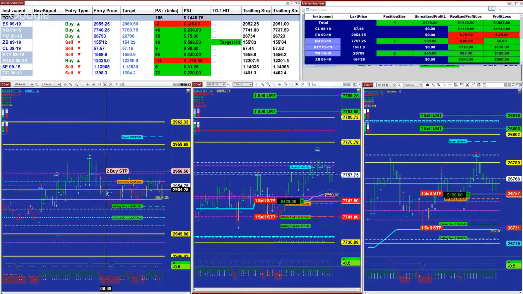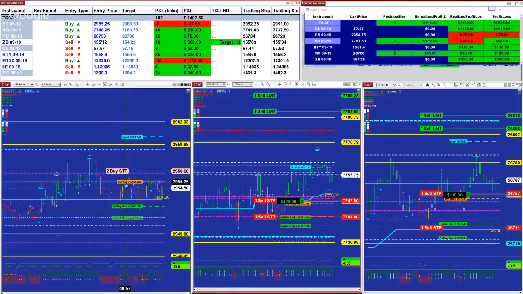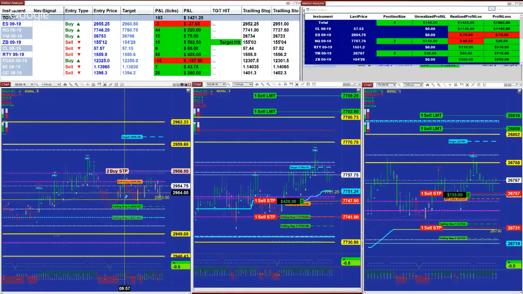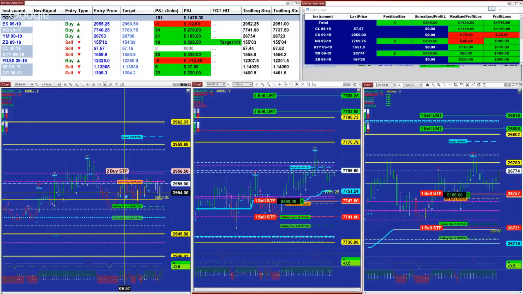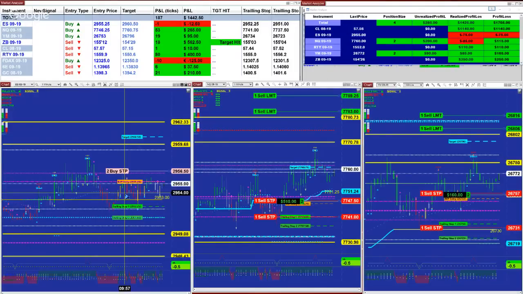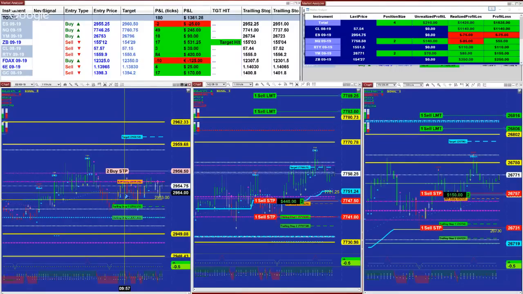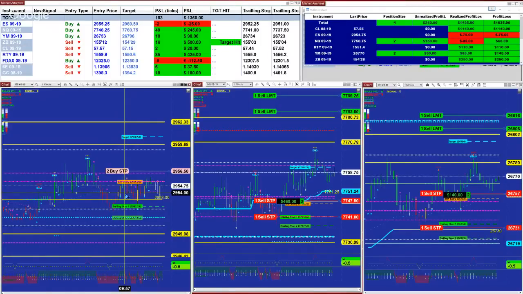We are still caught in that channel between a support and a resistance, and the ES is trying so hard to find a breakout. Now the buyers start coming in, and let's see if we are able to break that area, because it is really a struggling market with the ES holding the Nasdaq and the Dow Jones from movement.